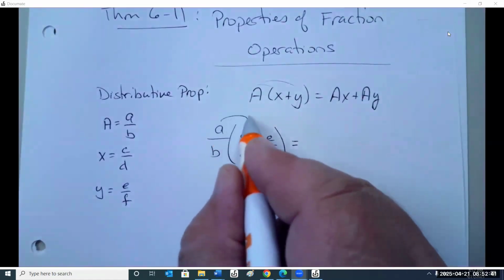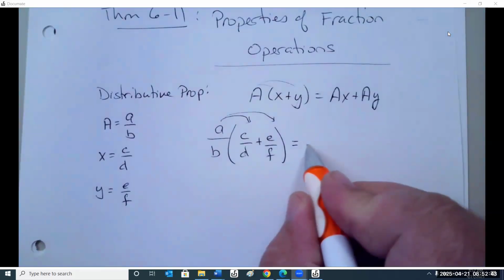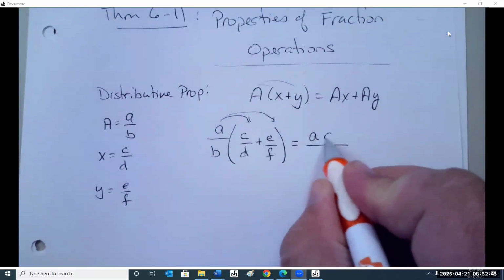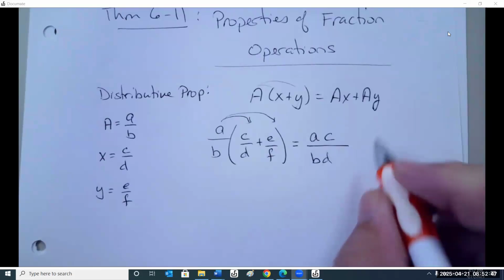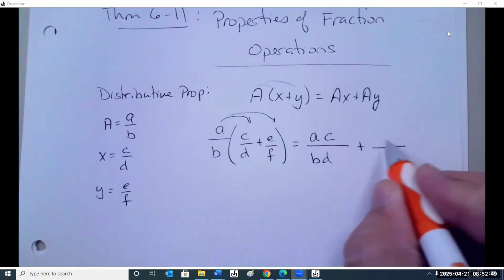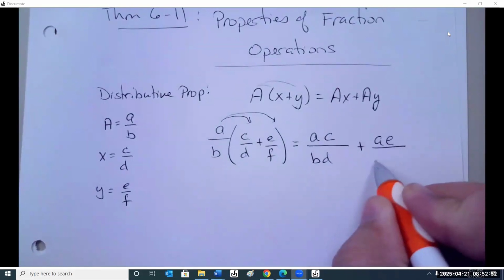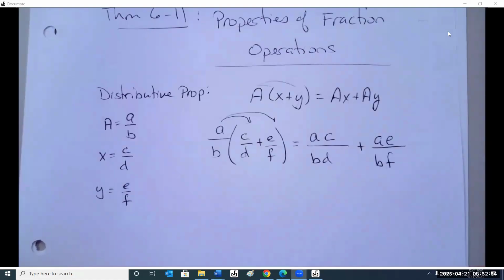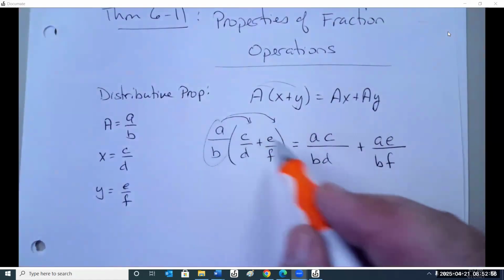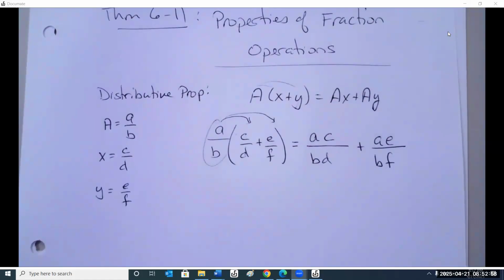The coefficient times each of these. AC over BD plus AE over BF. Whatever's in front, multiply it to each of those. That's one of them.